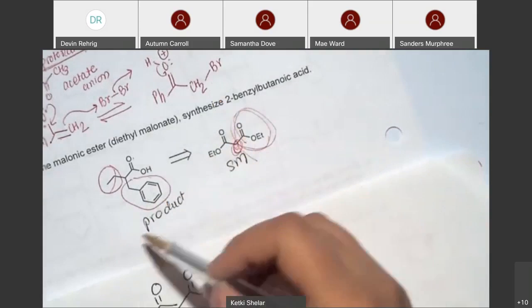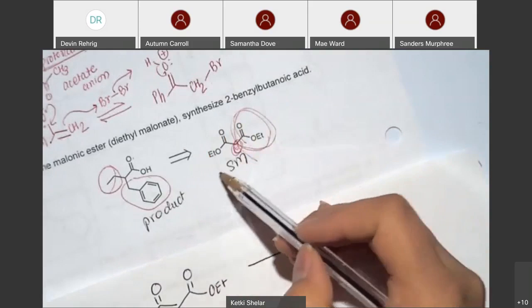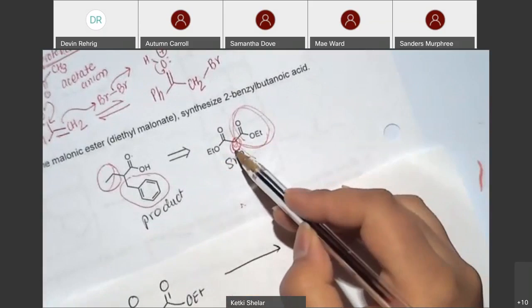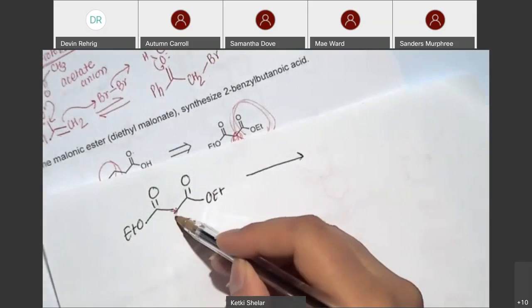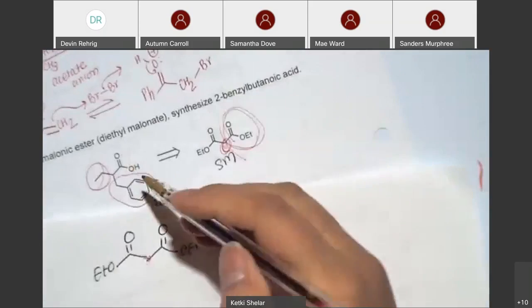So whenever you have such a reaction, always remember, this is very important. It can be even in your exam. Okay, so understand me. Whenever there is this structure with two ester groups and there is one carbon present in between, this carbon which is present in between two esters, you see what is the product.